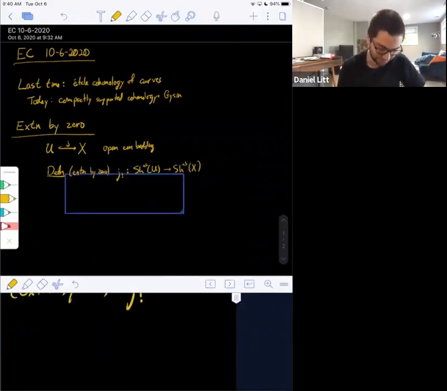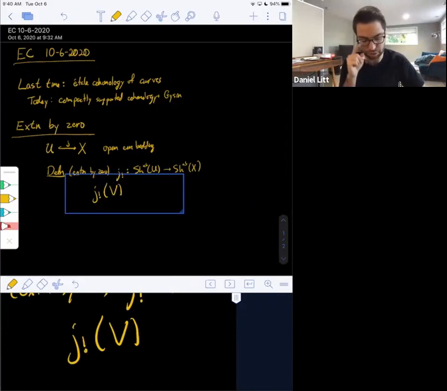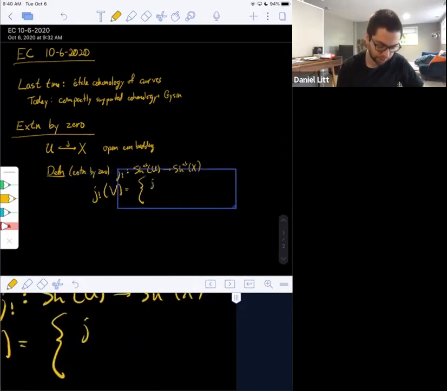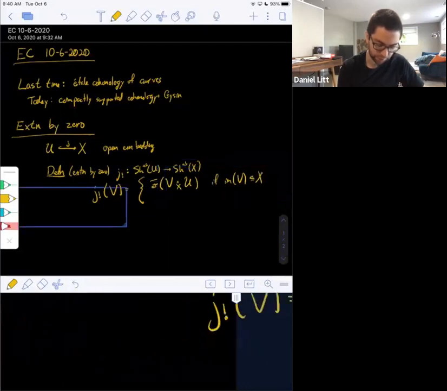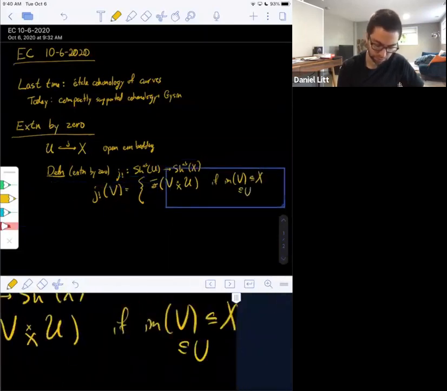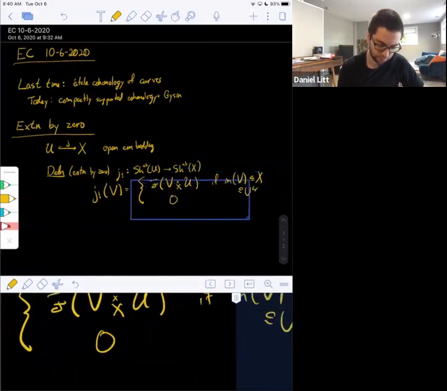What does that mean? j lower shriek of F, that's how you pronounce this, evaluated on V, where V is some Etale morphism to X, is going to be F of V cross over X with U if the image of V inside of X is contained in U, and zero otherwise.